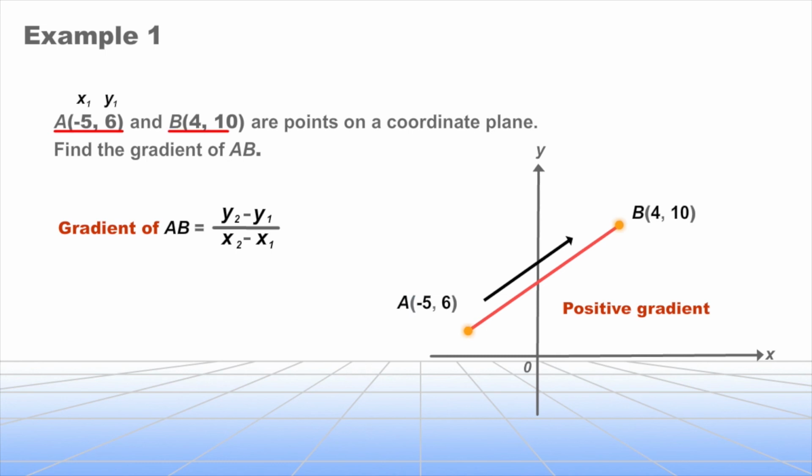For point B(4, 10), we label 4 as x2 and 10 as y2. Hence, the gradient of AB equals 10 minus 6 over 4 minus -5, which gives us 4 over 9. The calculated gradient is positive, and this is expected from our sketch.